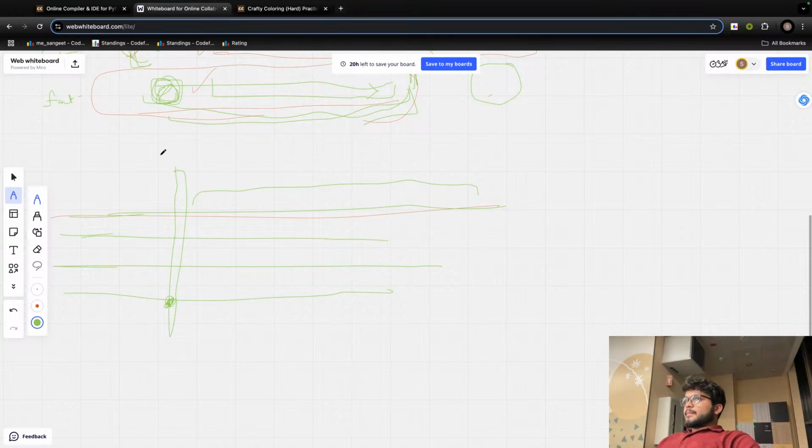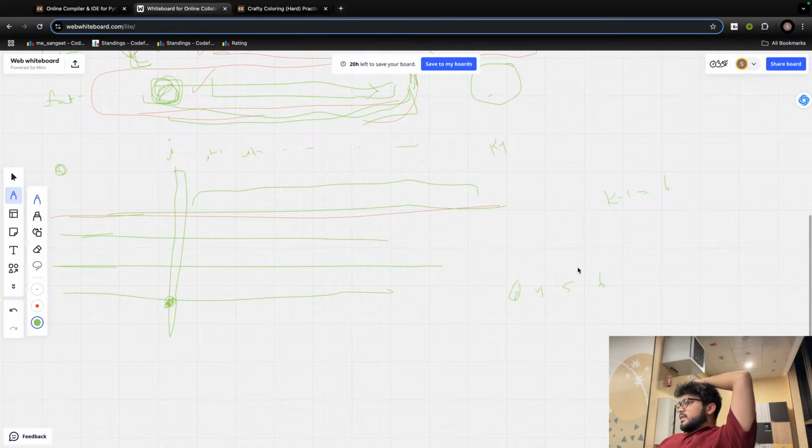So the last index was k minus 1 and the first index is 0. Let's say this is I. So I plus 1, I plus 2, and we are going till k minus 1 index. Let's say 4, 5, 6, and we are at third. So k minus 1 is equal to 6.